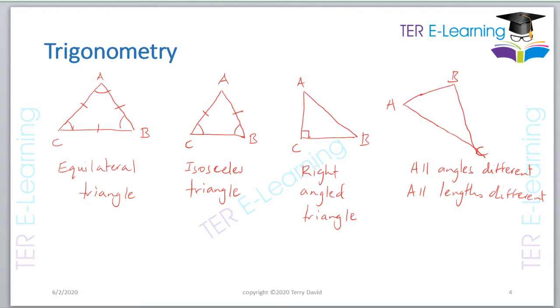Right, so Darrell is saying a scalene triangle. That is correct. So this last triangle here is called a scalene triangle.